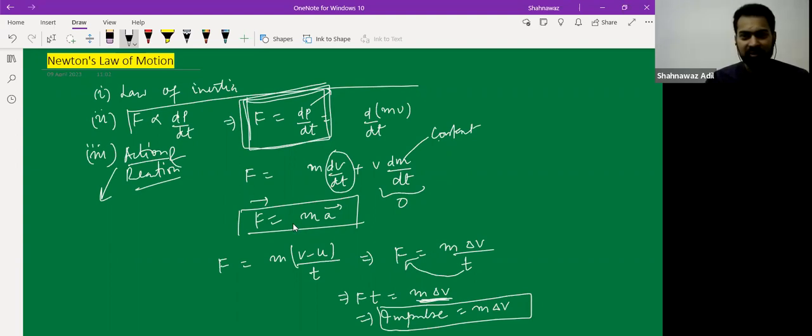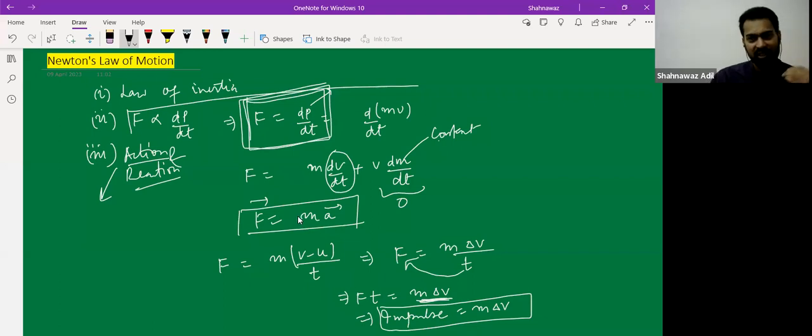Simply, it is the change of momentum without the rate. If you have the rate of change of momentum, that is force. But if you only have the change in momentum, that is called the impulse, right?